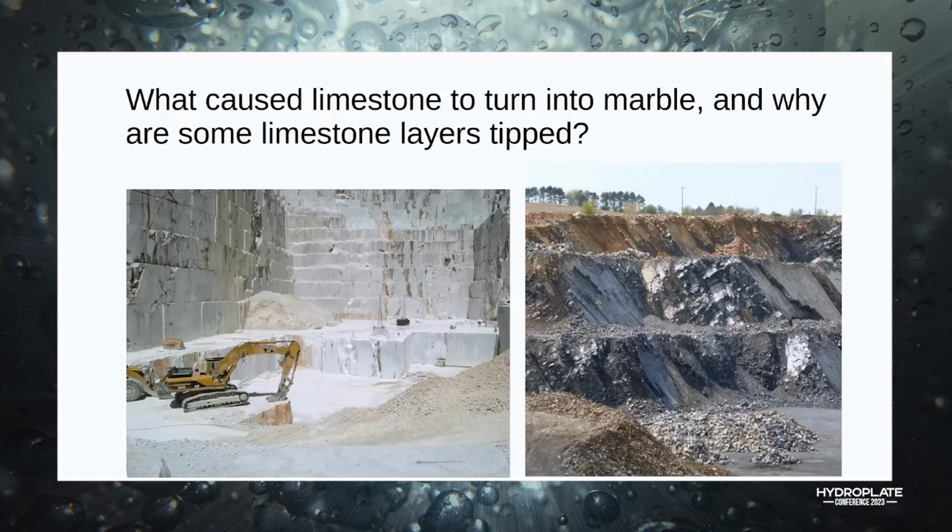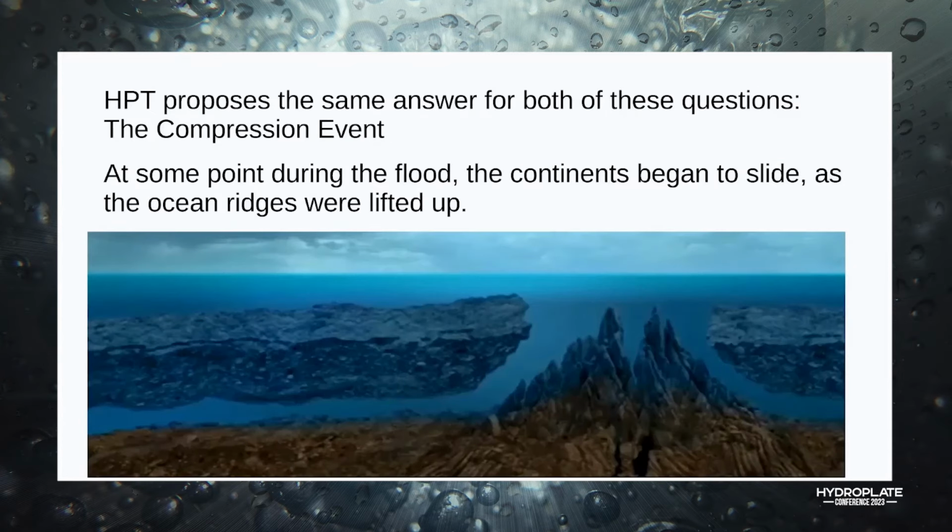So what is hydroplate theory's answer for how limestone turned into marble and why some limestone layers are tipped? Hydroplate theory proposes the same answer for both of these questions, something called the compression event. At some point during the flood, the continents began to slide because the mid-ocean ridges were being lifted up.